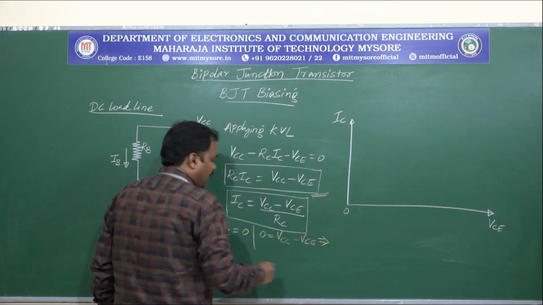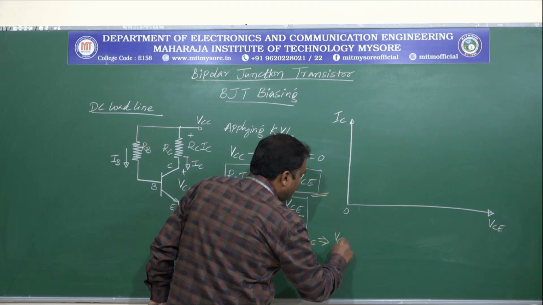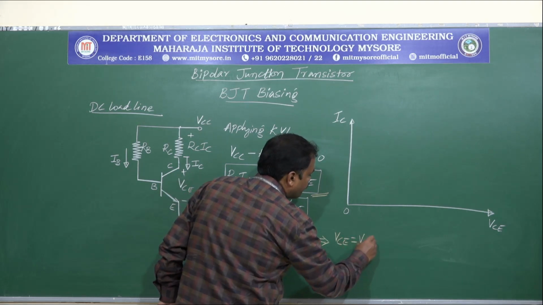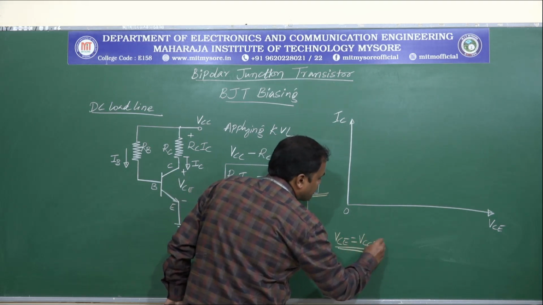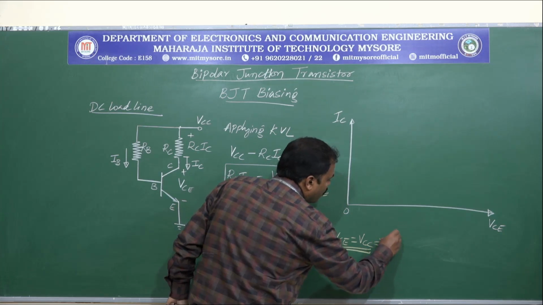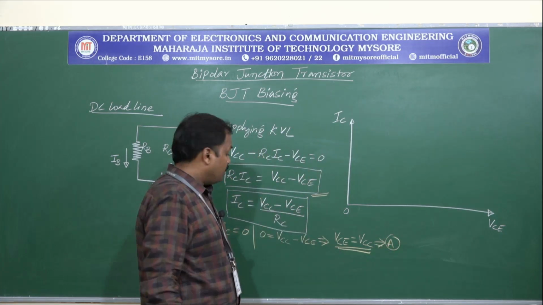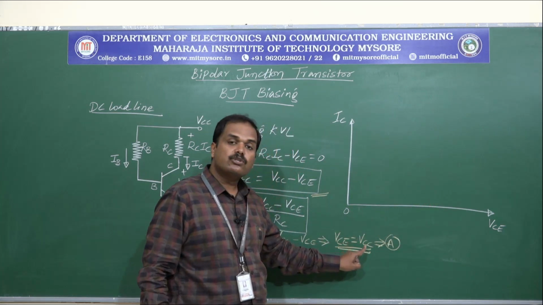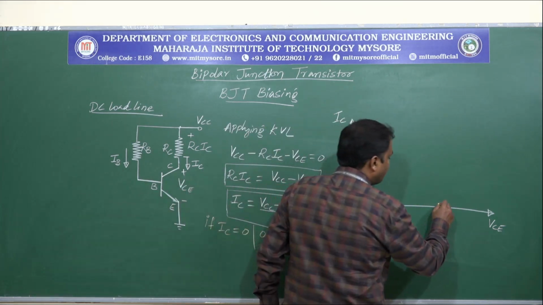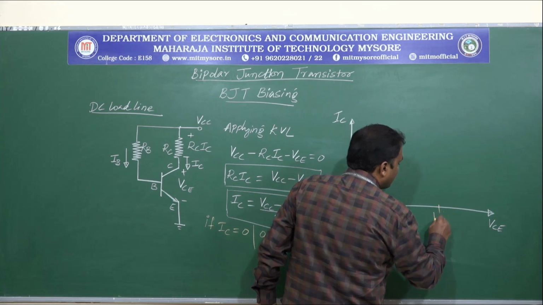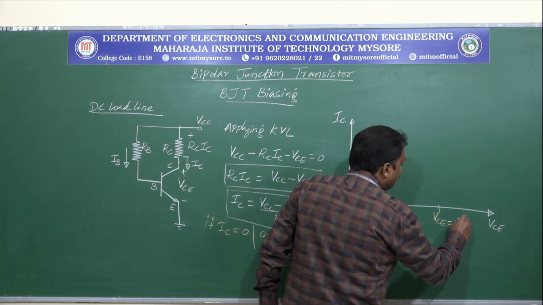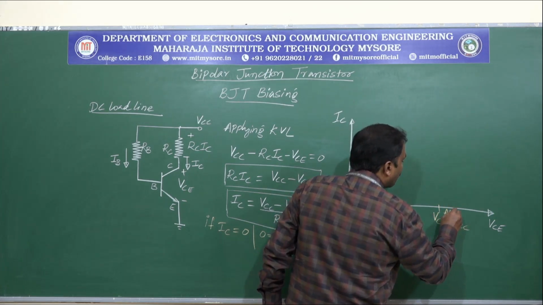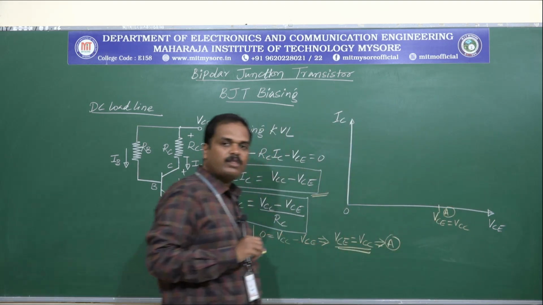This conveys that VCE equals VCC. So let us say this is coordinate A. On the x-axis, at VCE equals VCC, somewhere here, we'll call this point A.